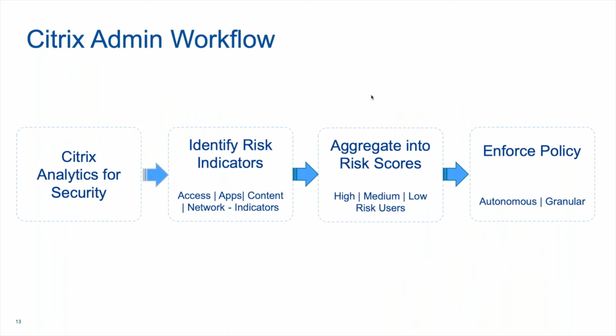Before we get into the demo, we want to quickly apprise you of the typical workflow that an admin will walk through when it comes to Citrix Analytics for Security's value proposition. Post the detection of early indications that we talked about before, we quantify the user risk so that you can understand the implication of it and then plan a respective mitigation action.